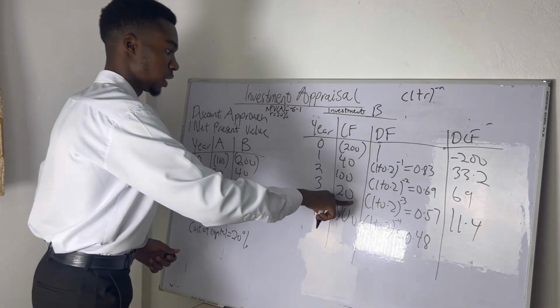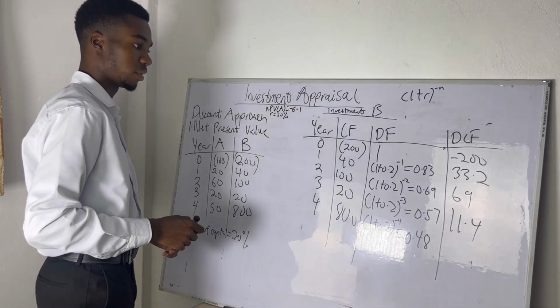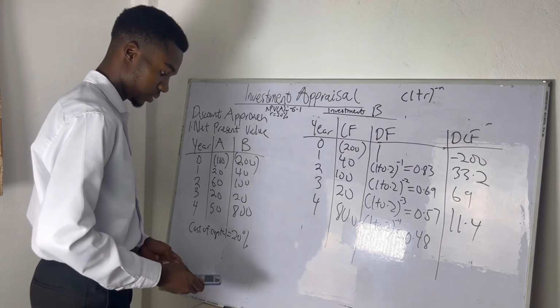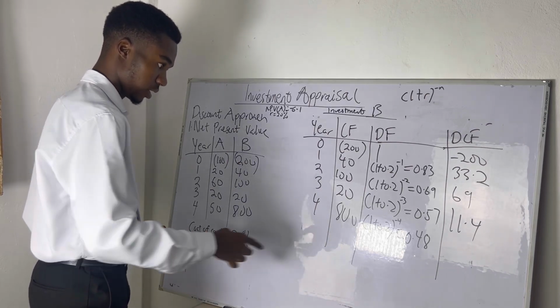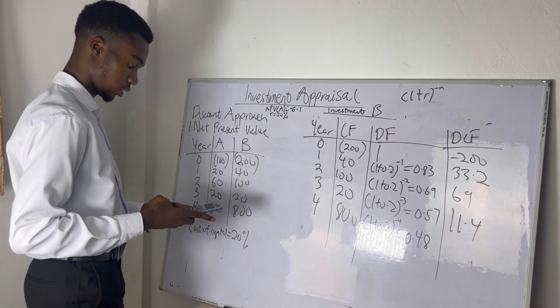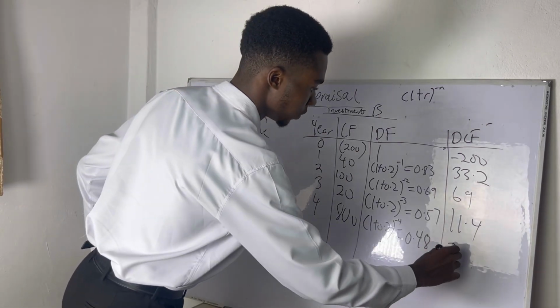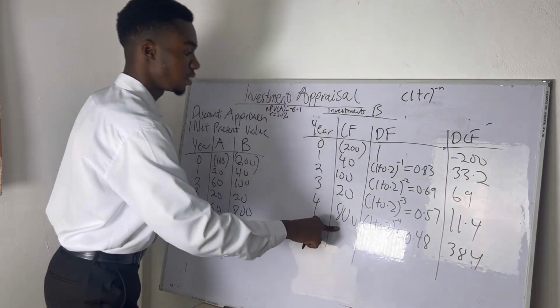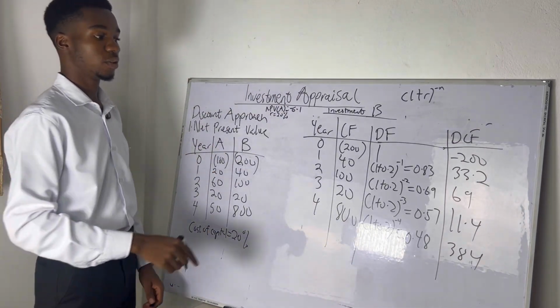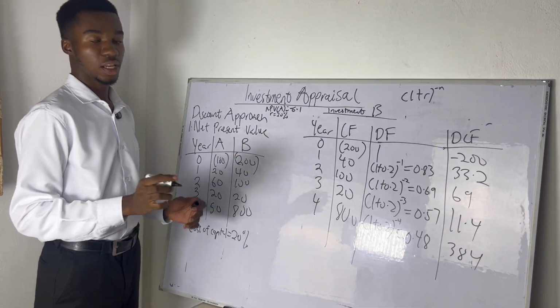Meaning that the 20 cedis that is here right now, the value is 11.4. Then year 4, we have 800 times 0.48. That's giving us 384. Meaning that the 800 that we are going to get in the fourth year, right now, the value is 384 cedis. That's what it means.